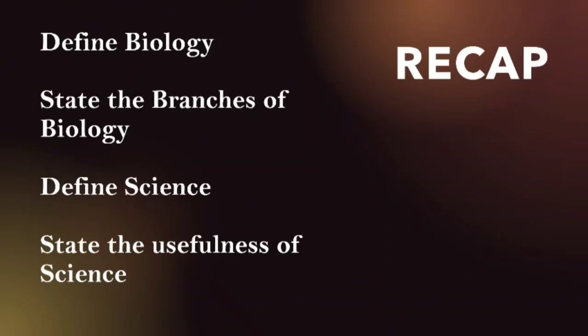We also defined what science is: the systematic inquiry about living and non-living things in our environment. We also stated the usefulness of science in some areas like agriculture, medicine, construction, technology, communication.